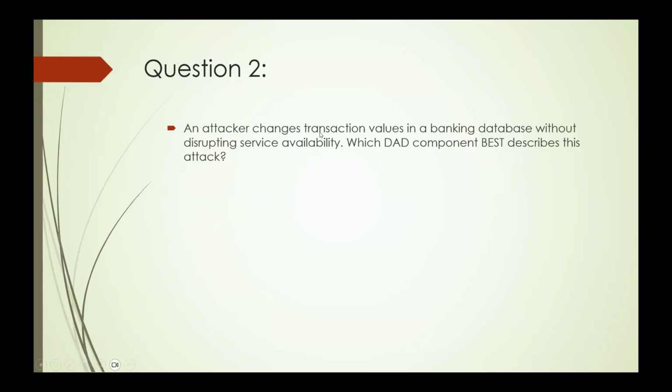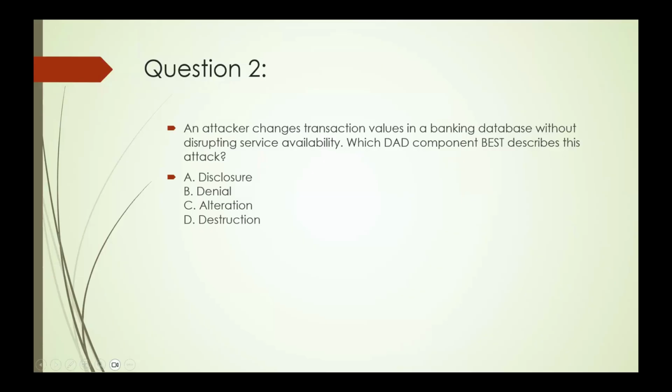An attacker changes transaction values in a banking database without disrupting service availability. So what happened here? The attacker has modified the data in a banking database, but there is no effect on availability. Which DAD component best describes this attack?